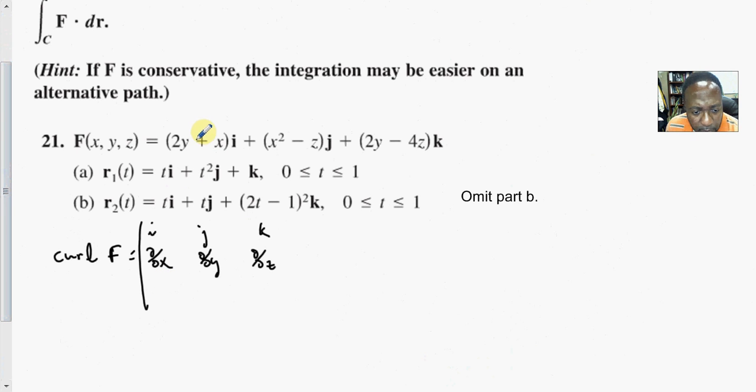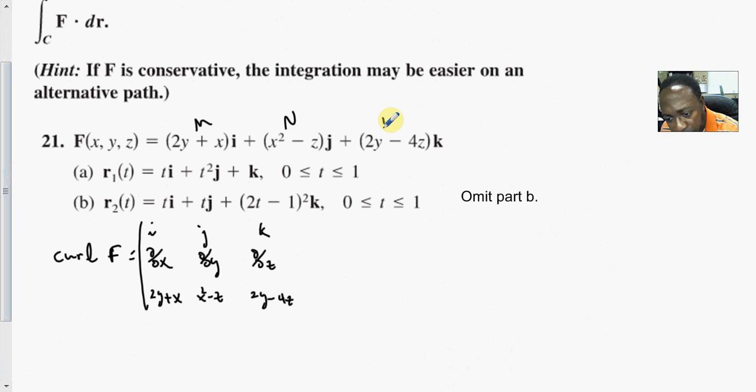So we put M, 2y plus x, we'll put N, x squared minus z, and then P, 2y minus 4z.